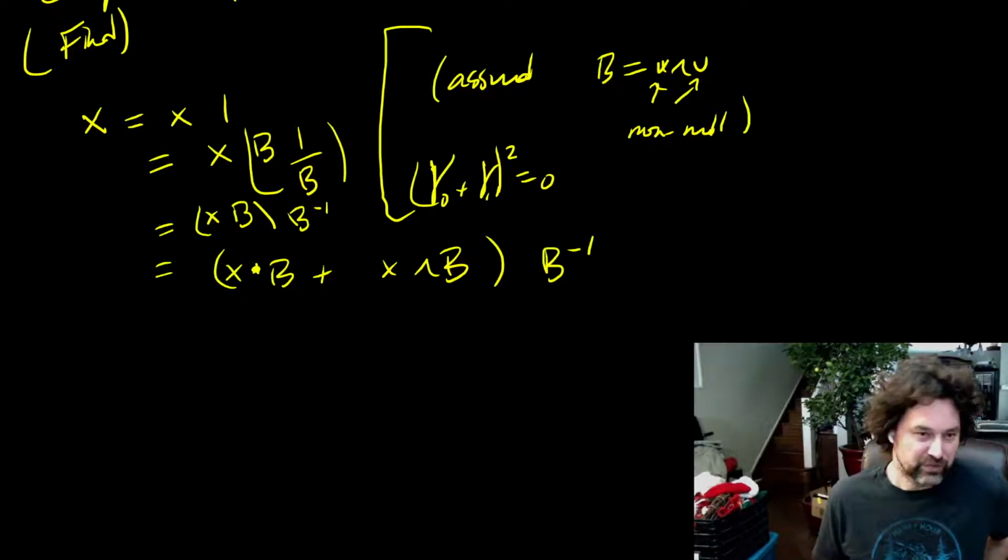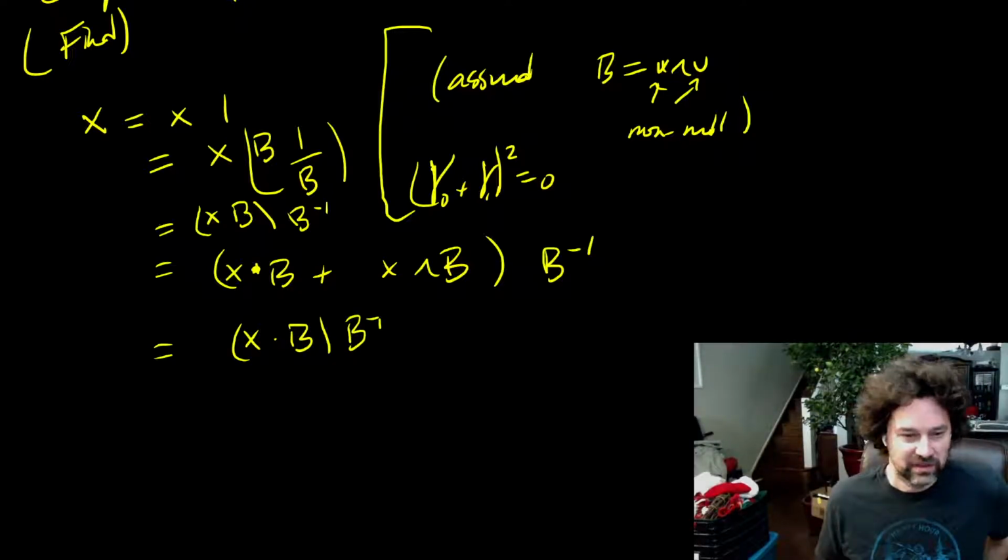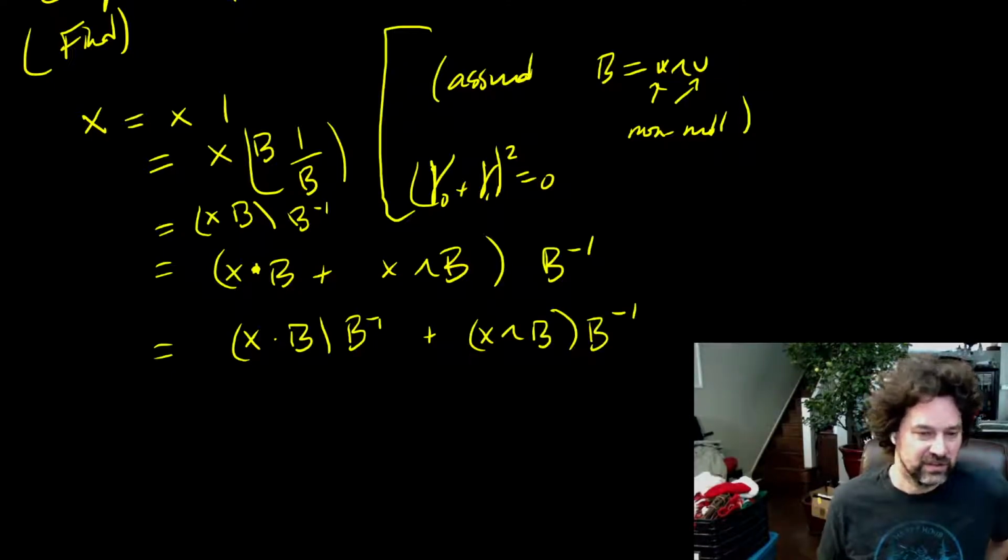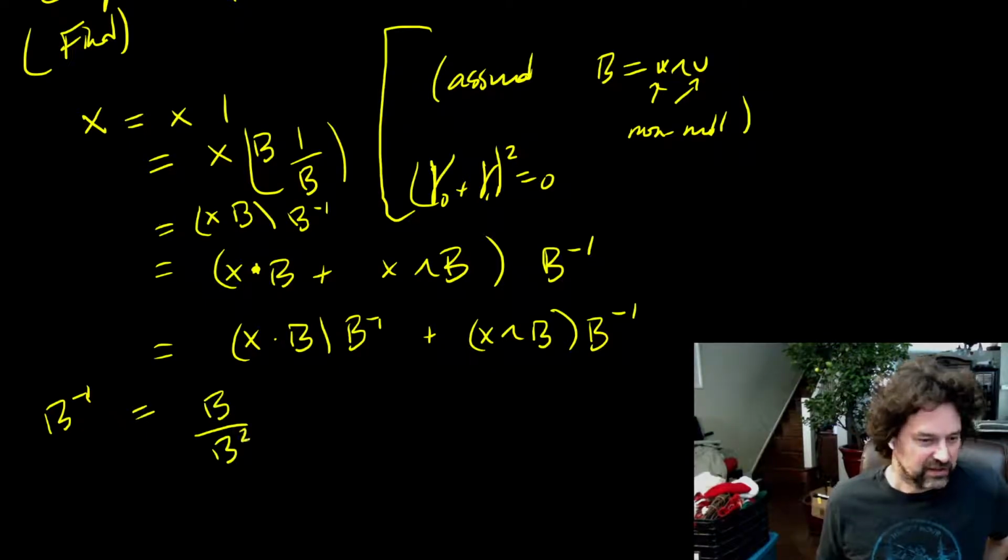Now we're going to regroup as x times b inverse. And we're going to span that. And so what we're left with is x dot b inverse plus x wedge b inverse.